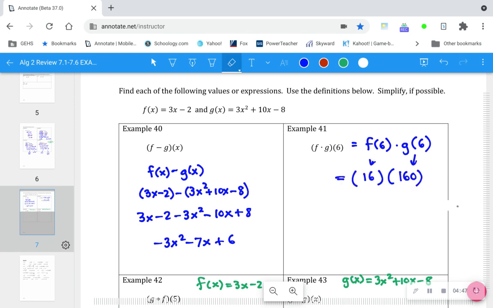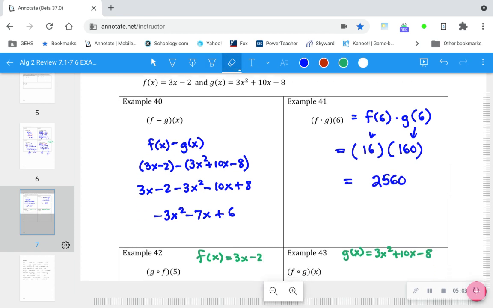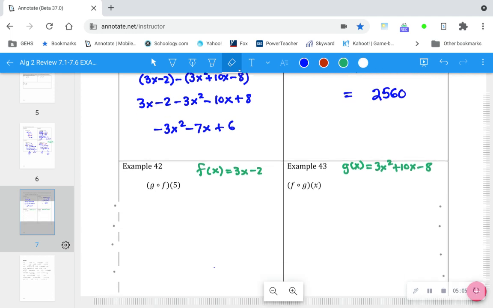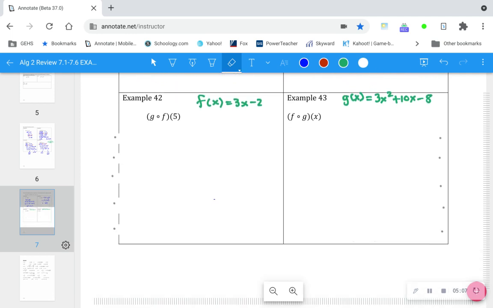And when you plug 6 into the other one, so in other words, you put a 6 in here and you put a 6 in there, you get 160 as a result. Multiplying those gives 2,560.